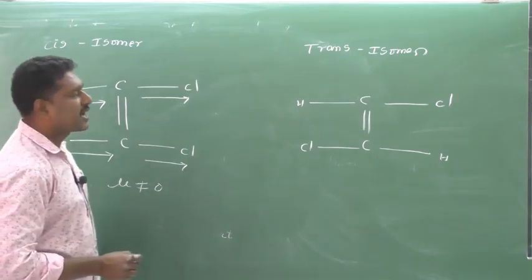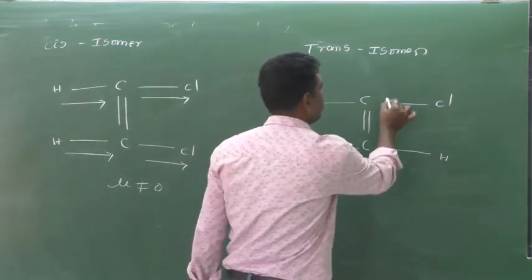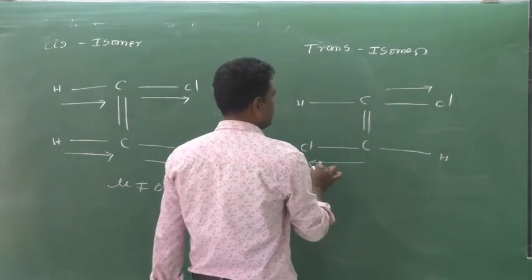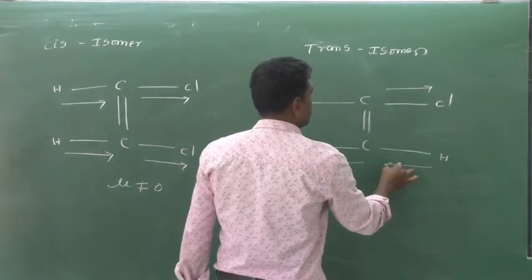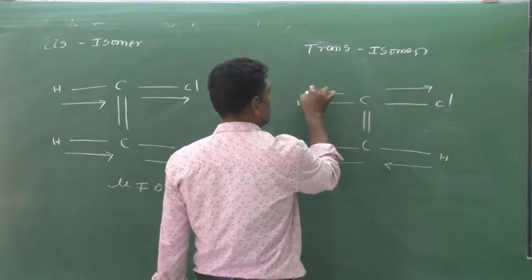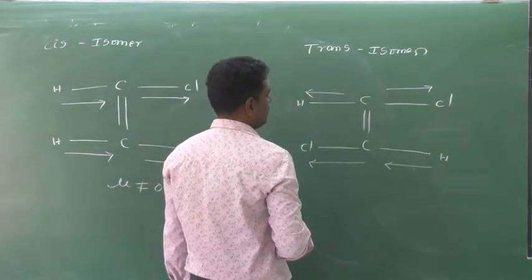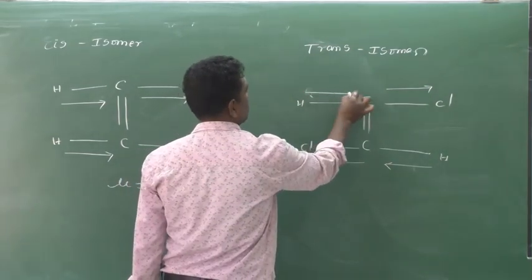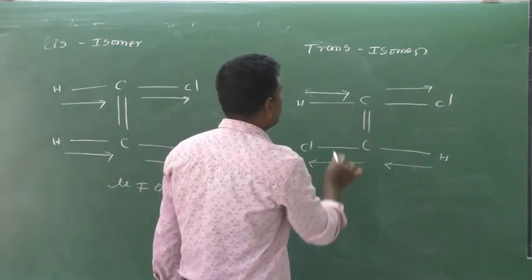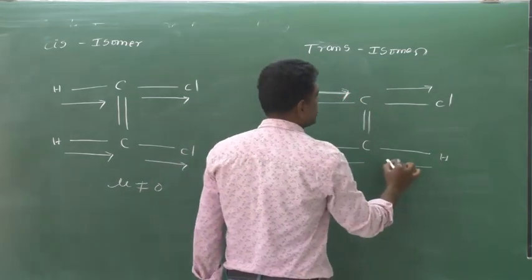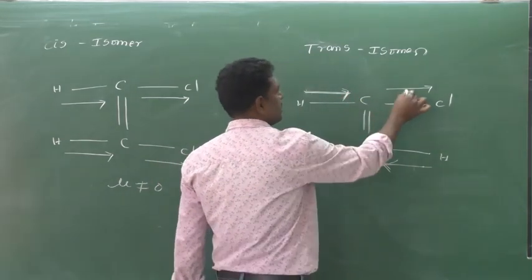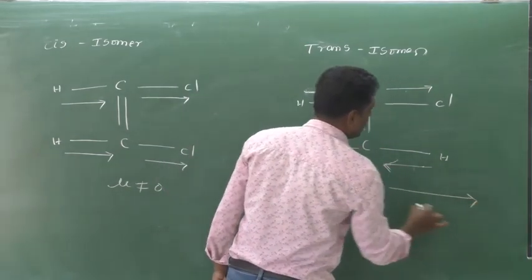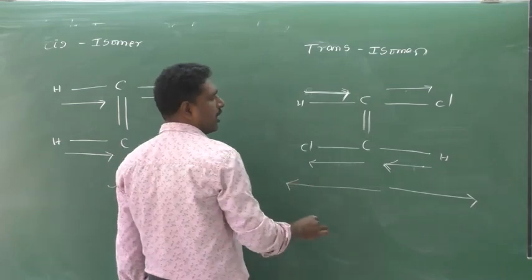But in the case of the trans isomer, the bond moments are in this direction, this direction, this direction, this direction. Sorry, in this direction. So two of them get cancelled, this and this. These get cancelled, and the other two directions are also there.